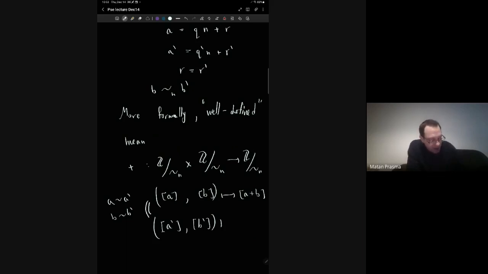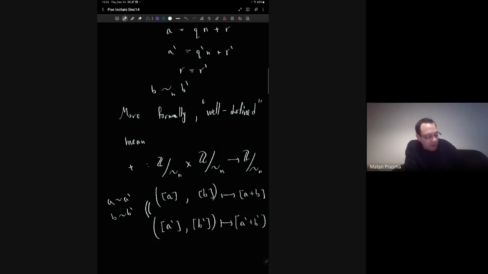But the way I define the operation, I do A prime plus B prime, and then I take the equivalence class. So in other words, the way I define the operation plus, it depends on, or at least the way I defined it, it depends on the particular presentation of the elements.